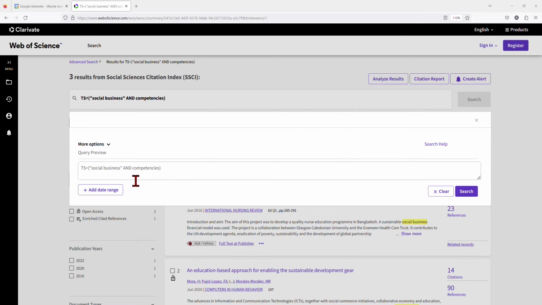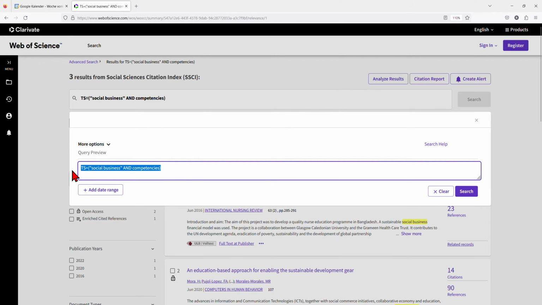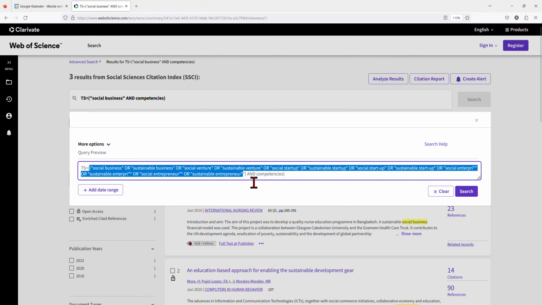And that's something that I would also be interested in, the competencies of these founders and so on. So I prepared a different search term here, and in this search term you see here I included lots of synonyms for social business. So sustainable business, we used ventures in sustainable and social ventures. I used here the startups and so on.